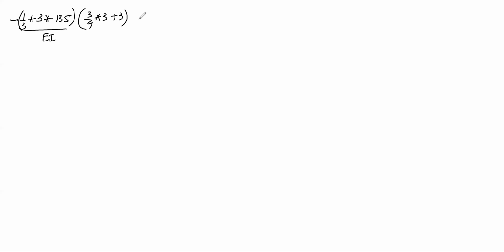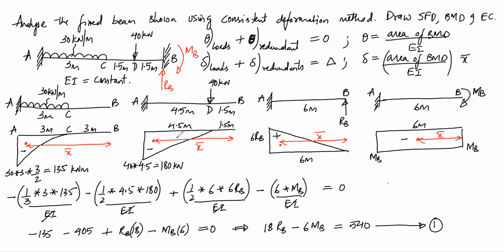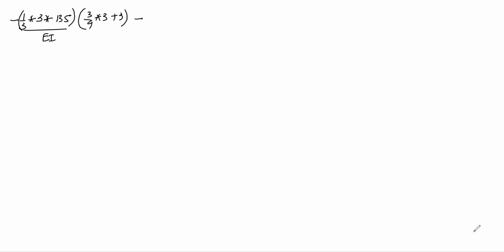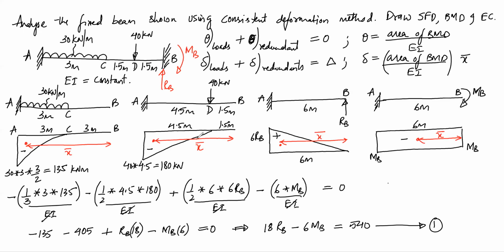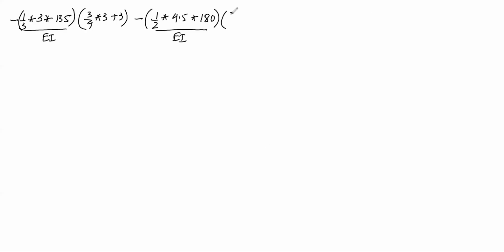For the second BMD, it is minus half into base into height. That is the area, half into 4.5 into height is 180, divided by EI, and the centroidal distance will be 2/3 of 4.5 plus 1.5.